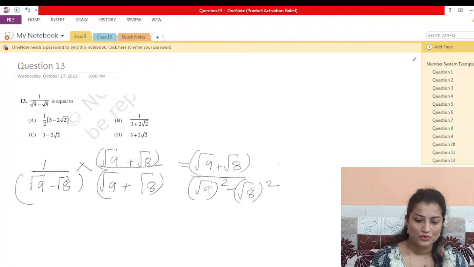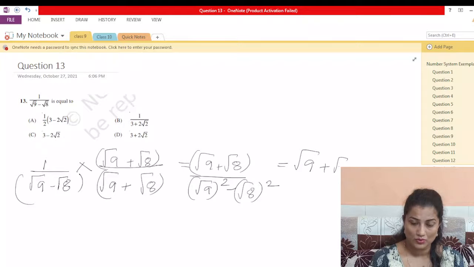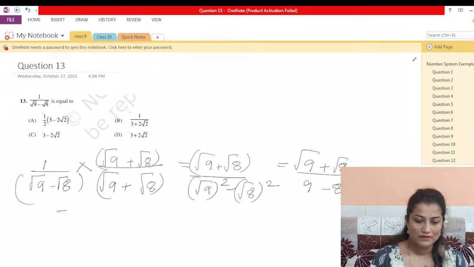So it will be root 9 whole square minus root 8 whole square, right? So in the numerator we are getting root 9 plus root 8. In the denominator, root 9 whole square is 9 and root 8 whole square is 8. So solving this we will get root 9 plus root 8 by 1.